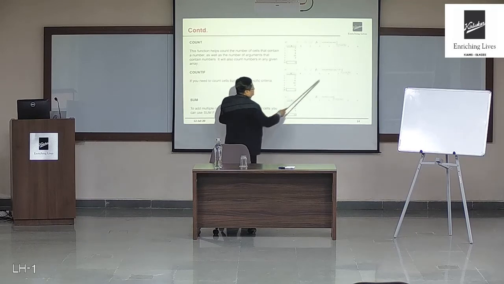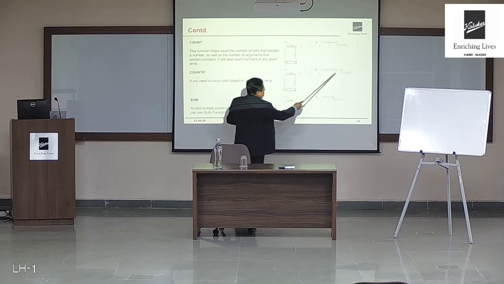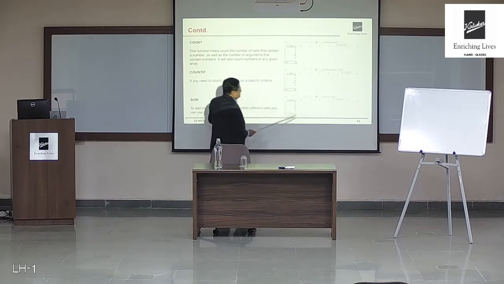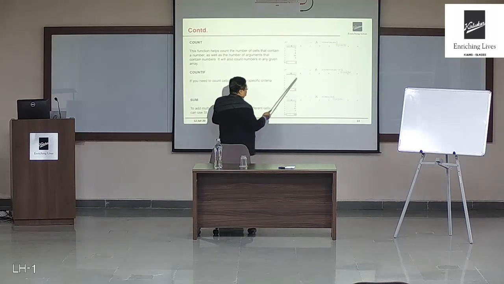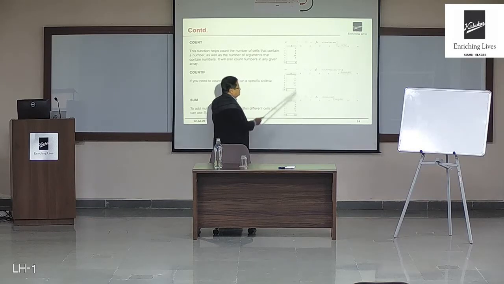Here, COUNTIF from A1 to A5, comma, if the value is greater than 5. How many are greater than 5? You have 1, 2, 3. So 3.